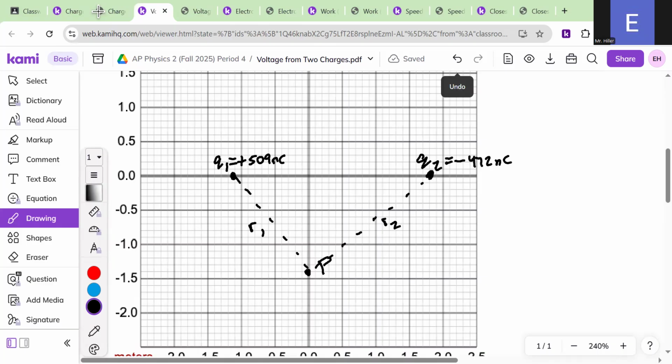So for me, R1 is going to be 1.1 squared plus 1.4 squared. And then when I square root that, I get 1.78. And then for R2, I'm going 1.4 squared plus 1.8 squared, and I'm getting about 2.28 meters for that one.